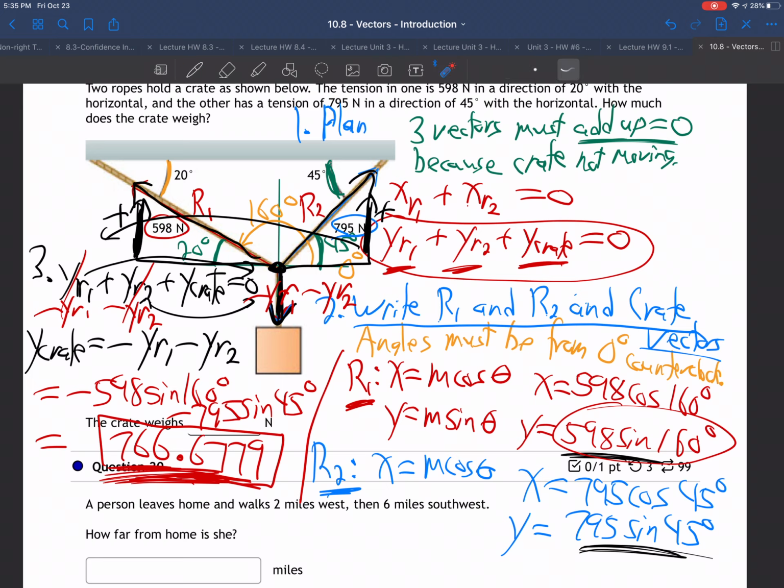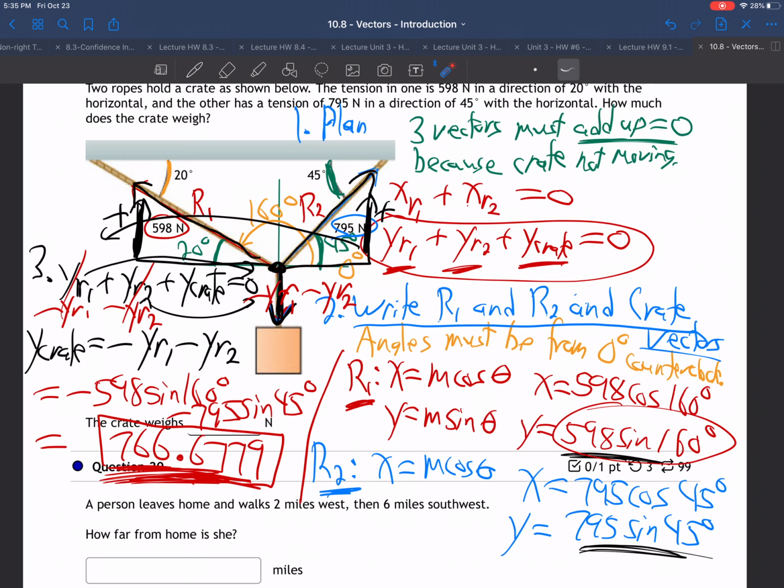We just found rope 2 and rope 1 vectors. Remember that you have to use the angles from 0 degrees. So it was 45 degrees, same as that one for rope 2. This was 20, same as that one for rope 1, which meant it was 160 from 0. You've got to use the 160 from 0. Whenever you do vectors, you have to use the angle from the positive x-axis counterclockwise.